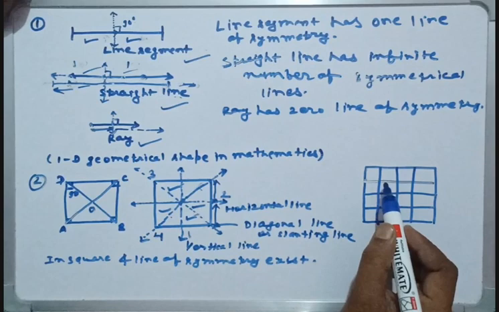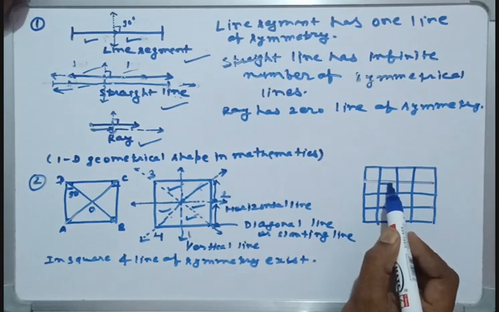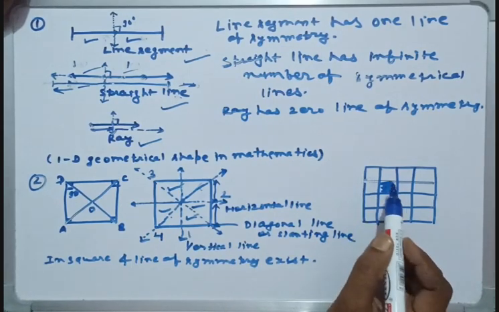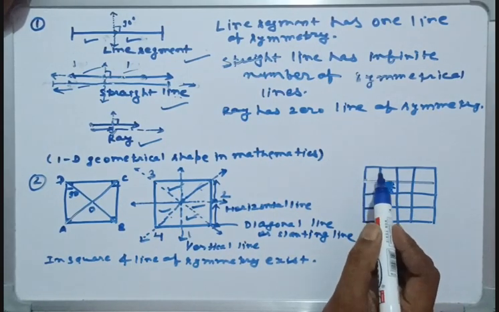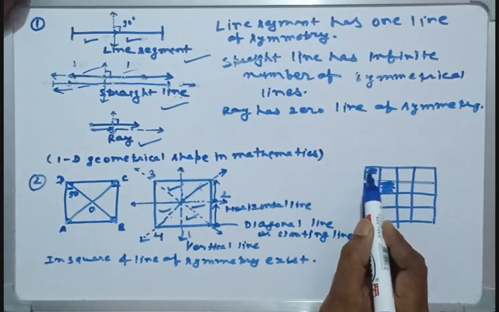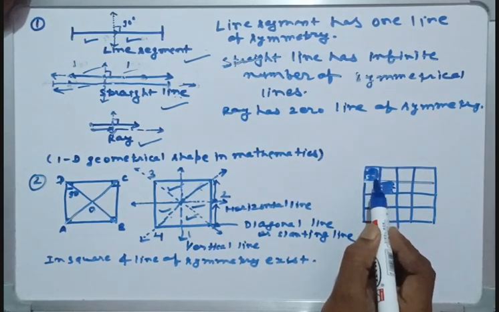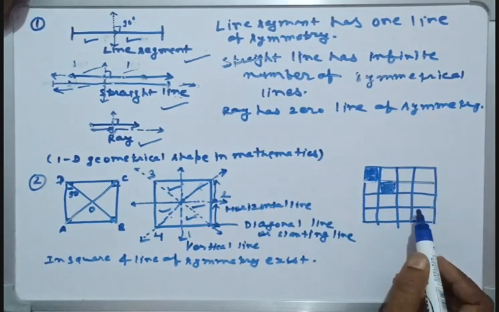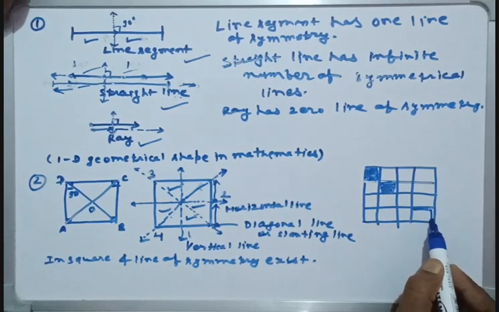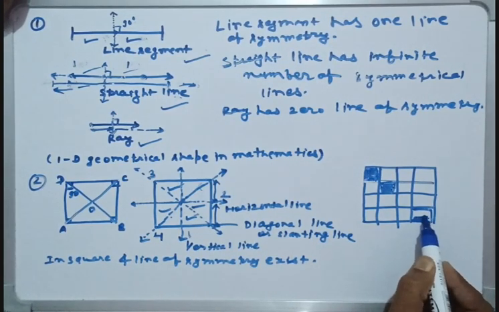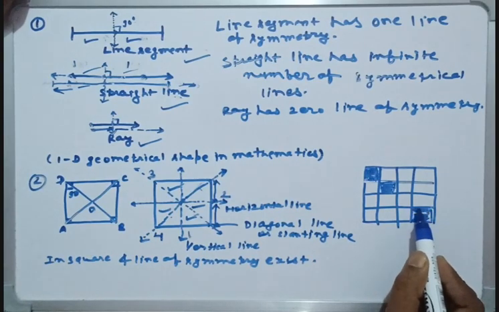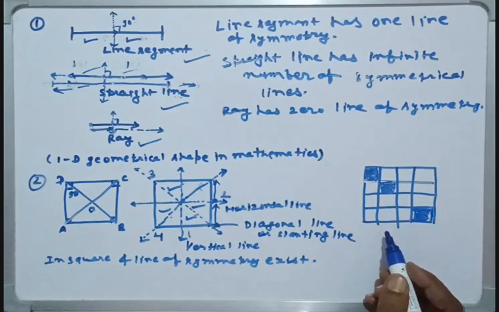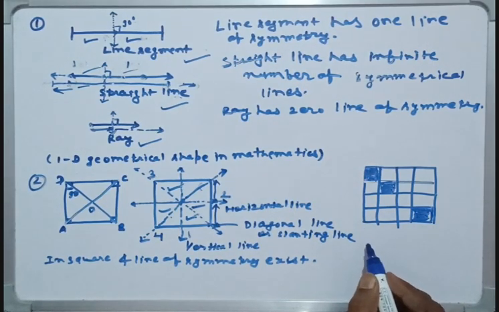Now suppose in a question this one and this one is shaded. And also one more square is shaded.